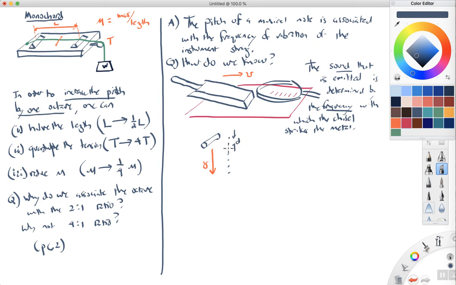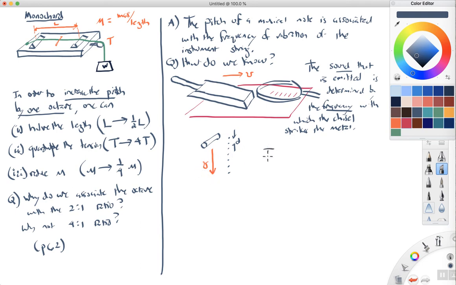Sometimes you'll notice a much higher pitch, and even if I'm moving the chalk at the same speed, the separation between the marks is going to be smaller. So the frequency with which these strikes are made is related to the pitch.